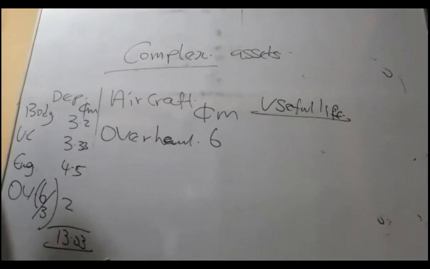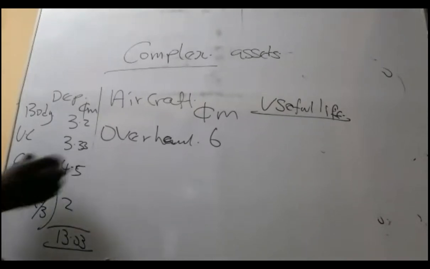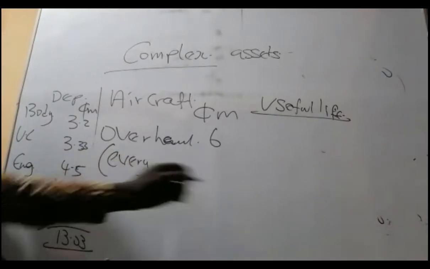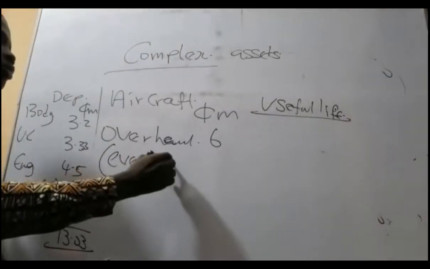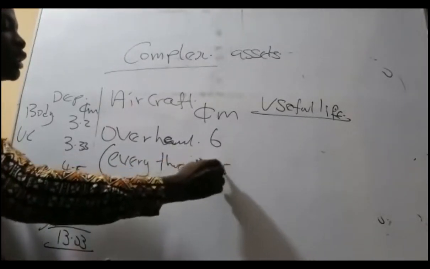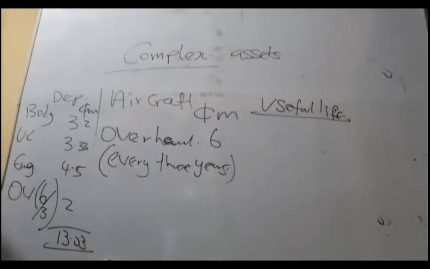Now let's go to the last aspect of IAS 16, then we resume the IAS 40 quickly. Yes, major overhaul every 3 years. Every 3 years, we go in for major overhaul.